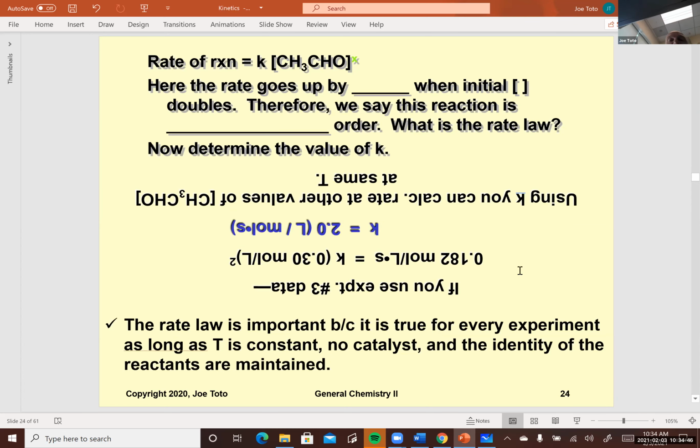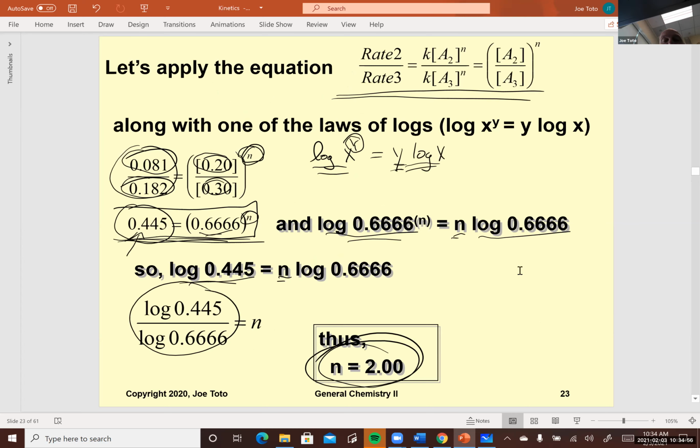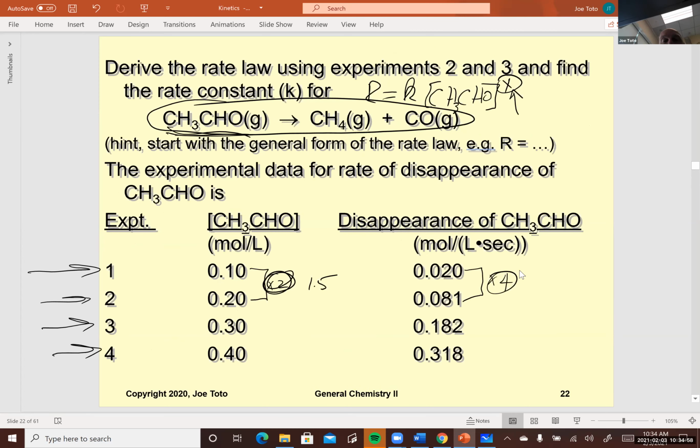All right, this last part talks about how you can solve for K, the rate constant. And it uses that data. We kind of skipped over it so far. But once you have the rate law by analyzing the experiment, in this case, it's second order. So I know that this is a 2 up here, second order.